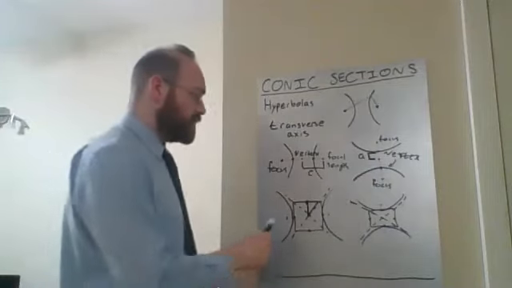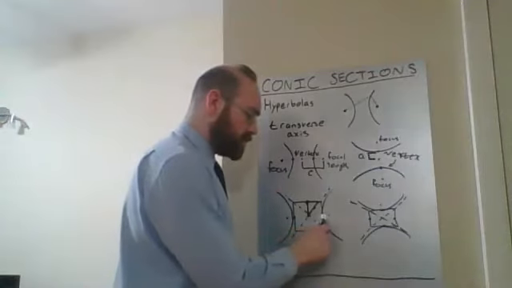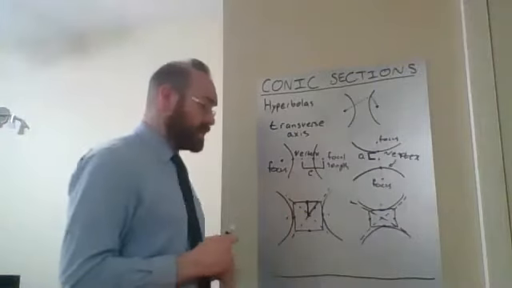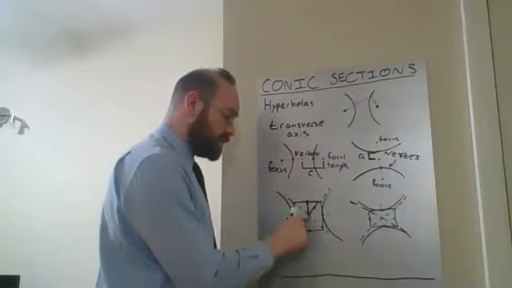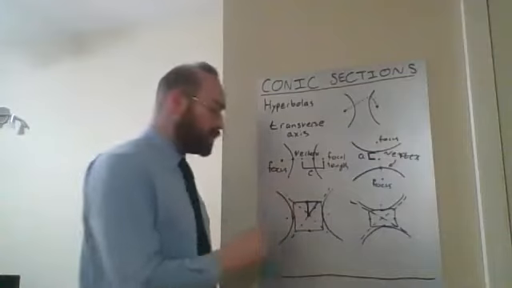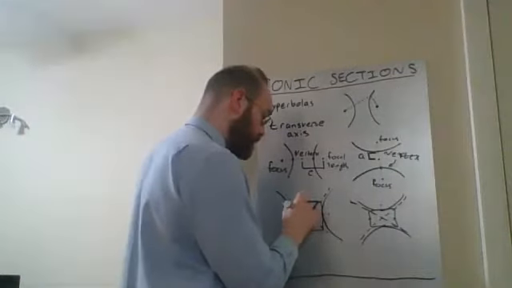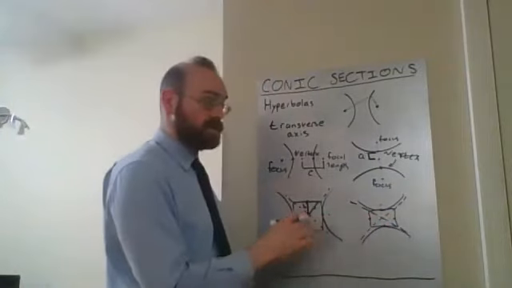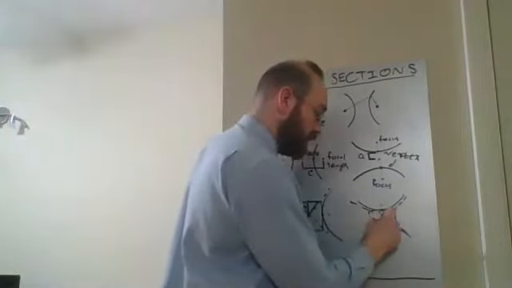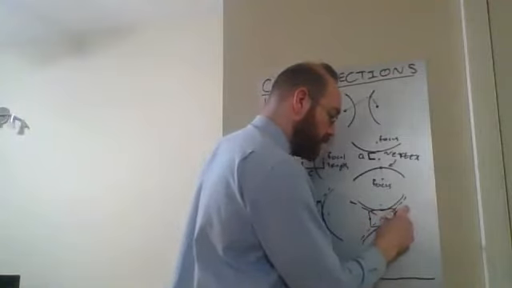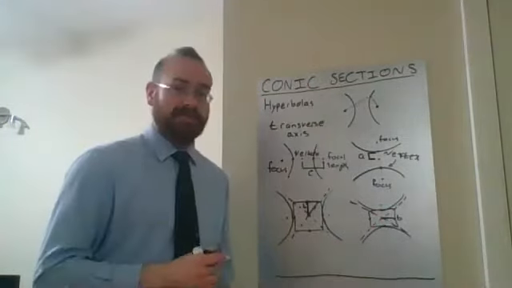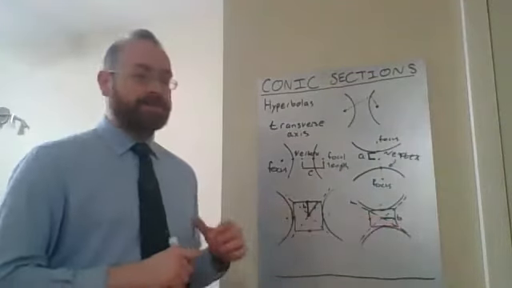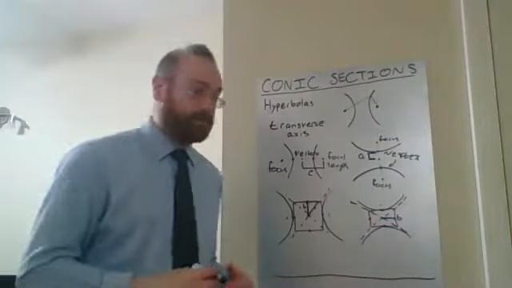We said earlier that the distance from the center to the vertex is A. So the distance from the center to this point in the middle of nowhere is B. Likewise, if we have a vertical hyperbola, the distance from the center to that point in the middle of nowhere is B. And this distance comes from the asymptotes.